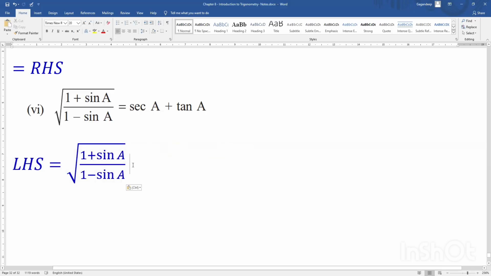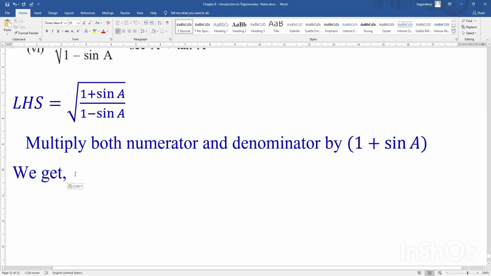So we have LHS equal to square root of (1 plus sine A) by (1 minus sine A). Then I'm going to multiply both numerator and denominator by 1 plus sine A. Let me write this.